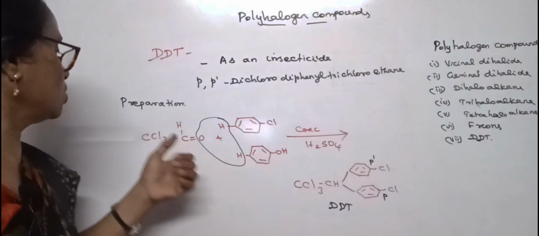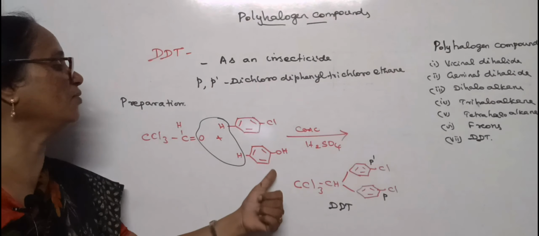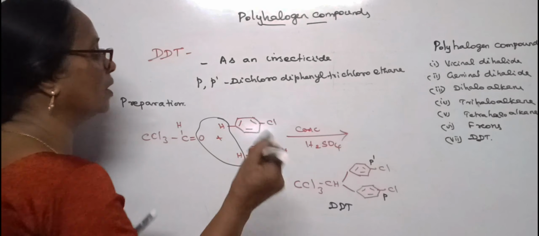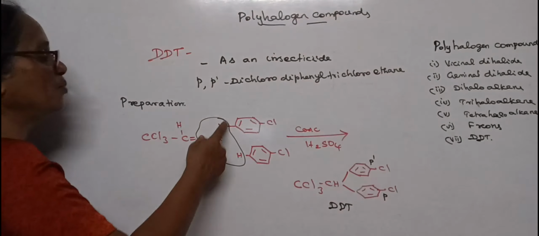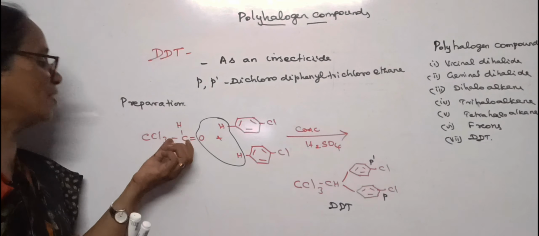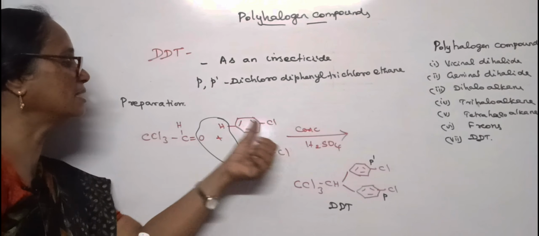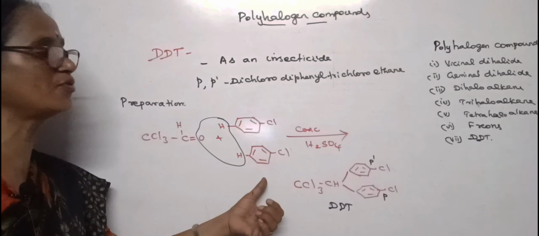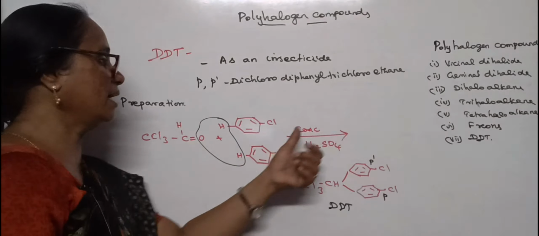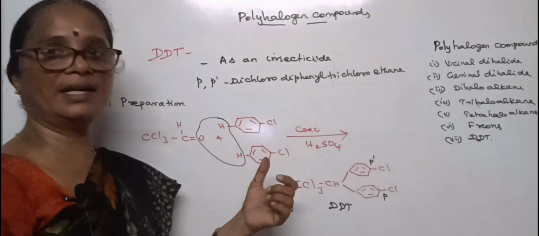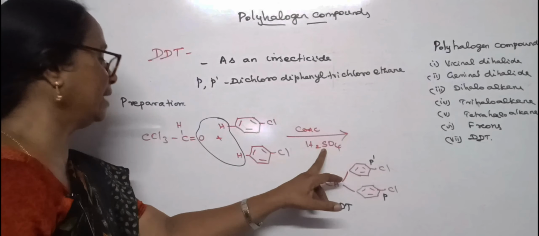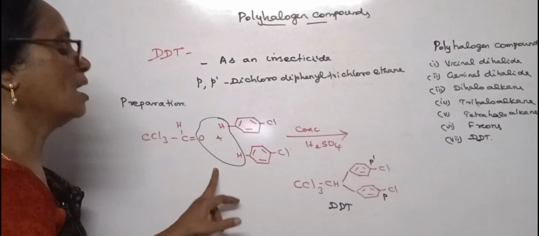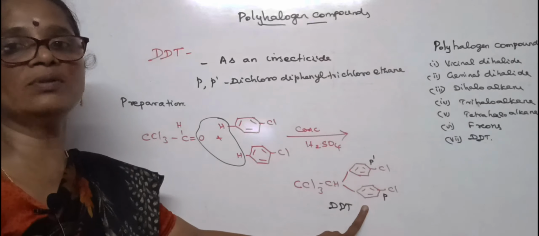with chlorine. So this chloral, when treated with 2 molecules of chlorobenzene, makes a removal of a water molecule from the chloral and the hydrogen atom of the para position of chlorobenzene, and it takes place in presence of concentrated sulfuric acid. As it is a better dehydrating agent, it can remove the formed water and hence makes the compound stable.